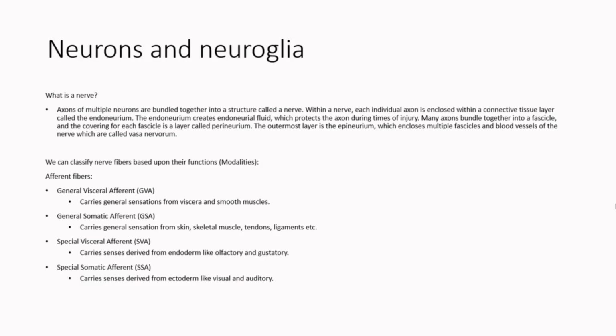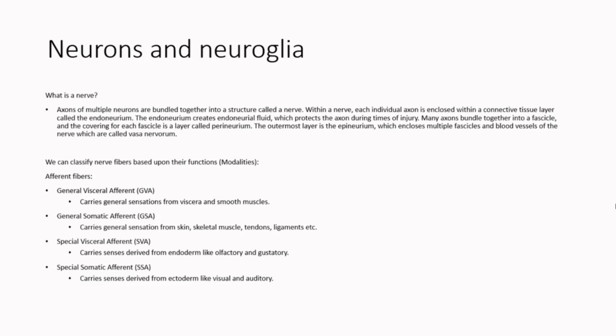So, what is a nerve? Well, a nerve is when we have multiple axons bundled together. This will create a structure we call a nerve. And within each individual axon, we have a connective tissue layer called the endoneurium. And the endoneurium creates this endoneurial fluid which protects it from injuries.